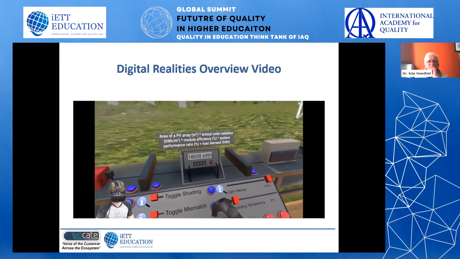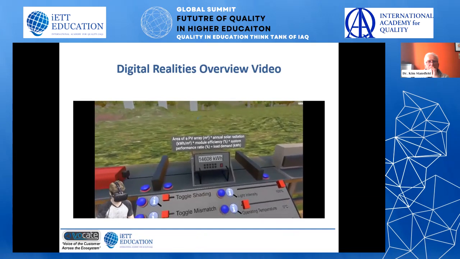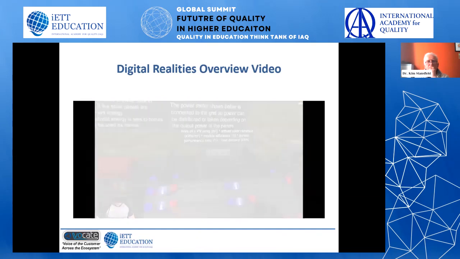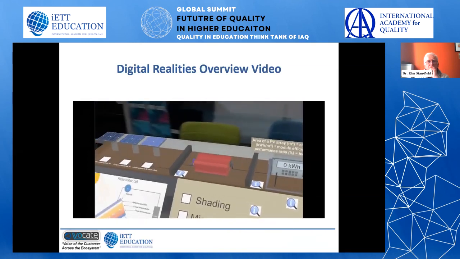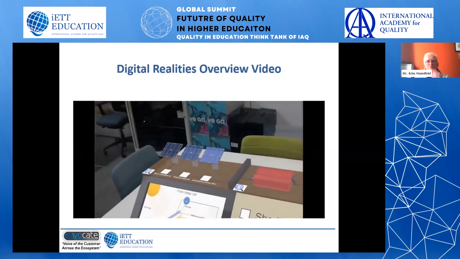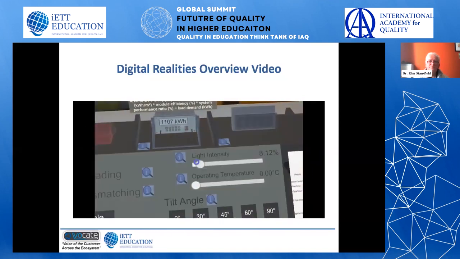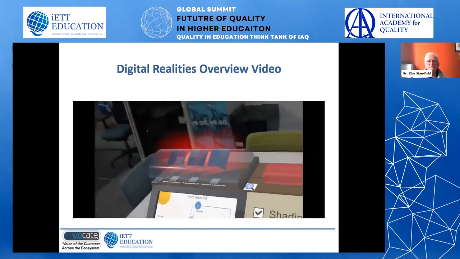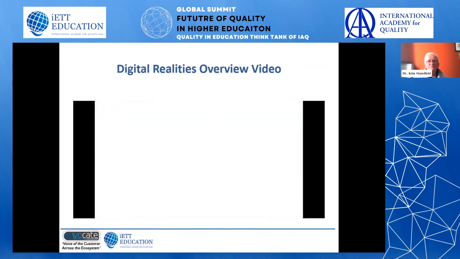We used the Microsoft HoloLens for the mixed reality experience and the HTC Vive and mobile phones for the virtual reality experience. The solar power simulations allow users to change parameters that would affect the overall power output of the cells. This includes the solar power type, tilt angle, the light intensity, mismatching, shading, and operating temperature.